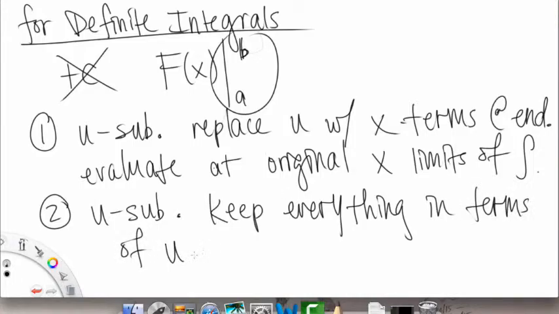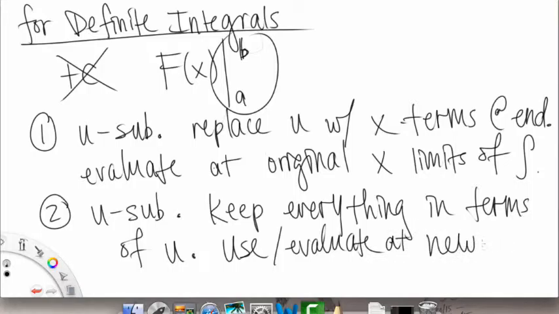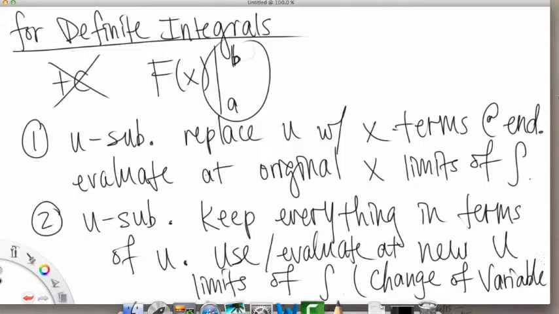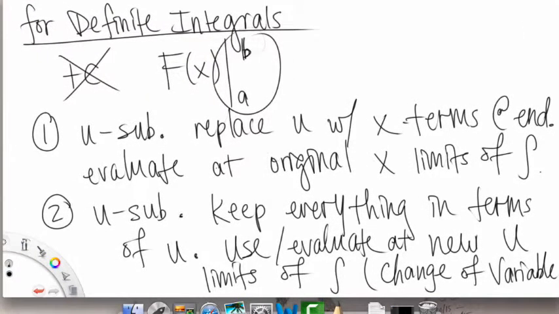When we do that, we're going to have to evaluate at new u limits of integration. This second method is called change of variables, because we're changing everything into u and solving for it that way. So, change of variables.